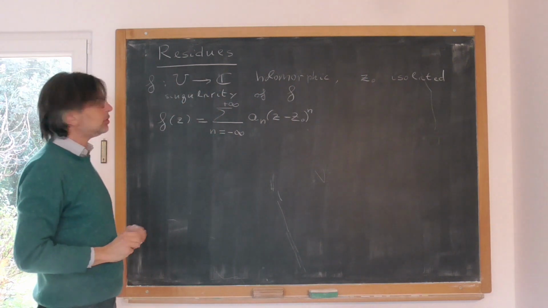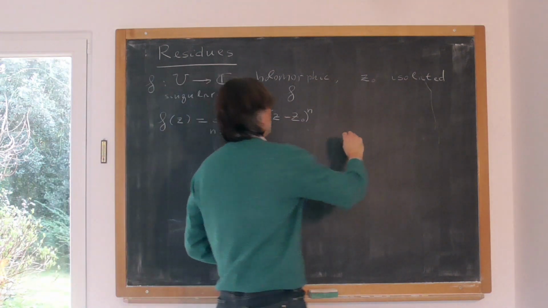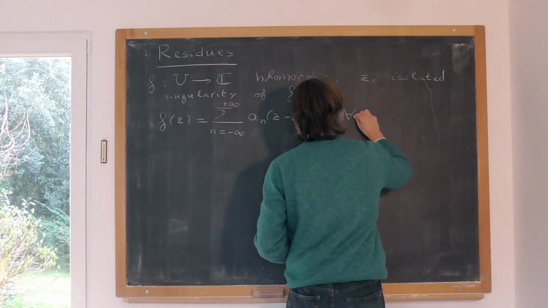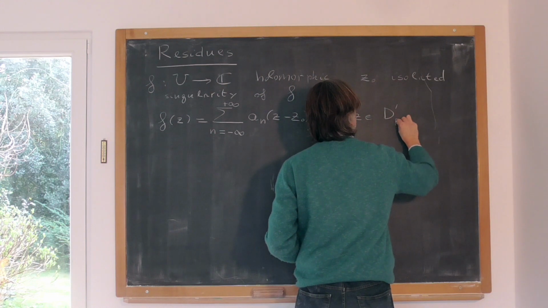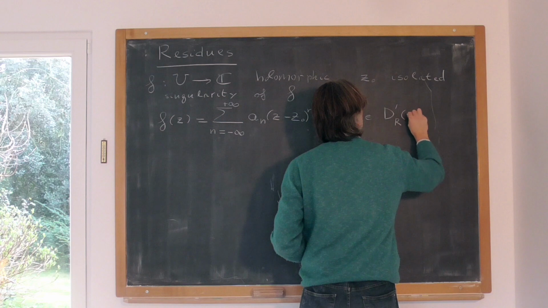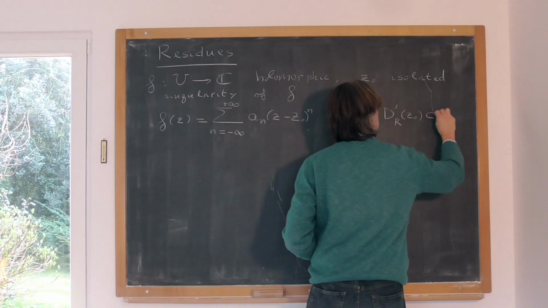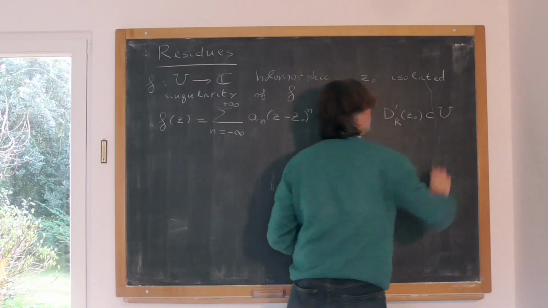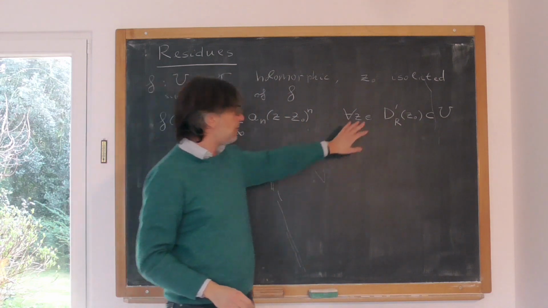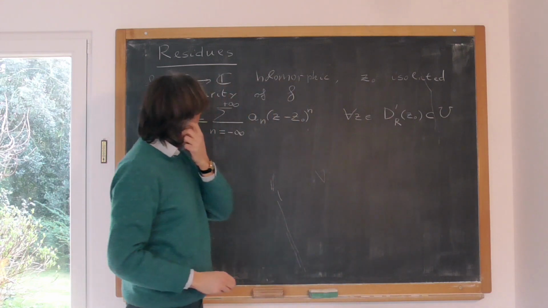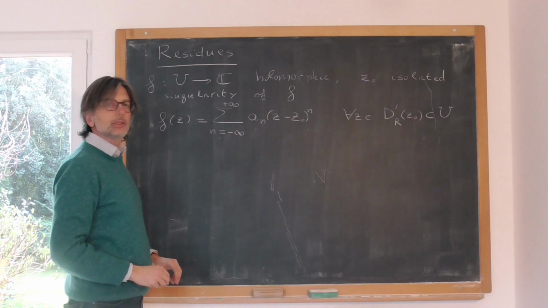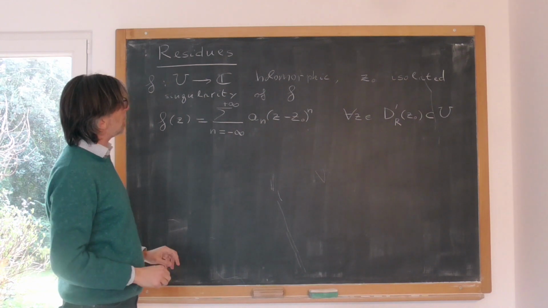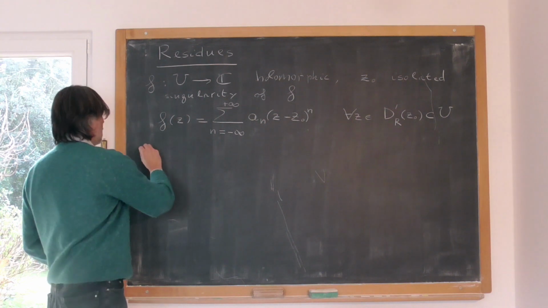This holds for every z in a punctured disk of radius, let's say, big R, centered at z0, which is fully contained in U. Okay? So for every punctured disk contained in the domain, we get convergence of the Laurent series inside this punctured disk.